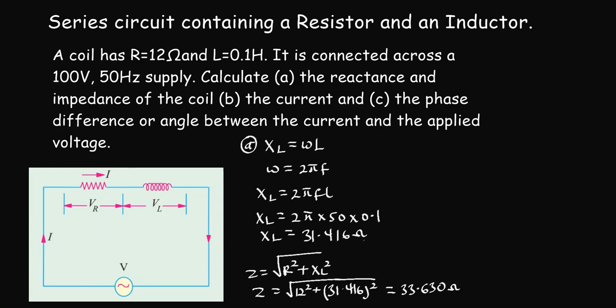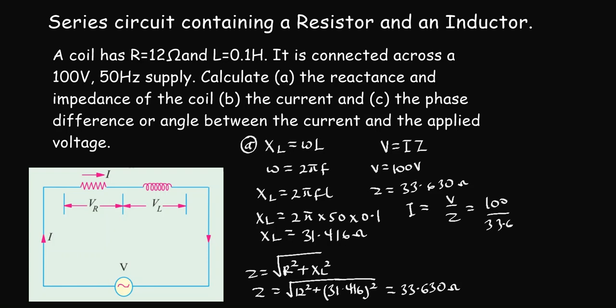The next question says that we should calculate the current in this circuit. You know that for this circuit, the voltage is equal to the current times the impedance. We know the voltage to be 100 volts, and the impedance to be 33.63 ohms. Therefore, the current is equal to the voltage over the impedance, which is 100 volts over 33.6 ohms.